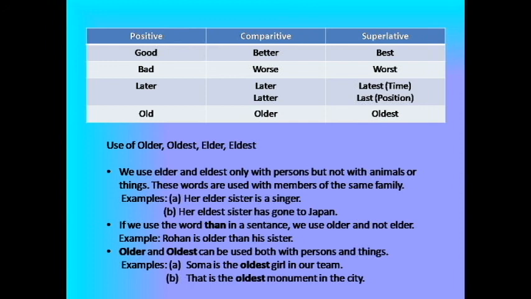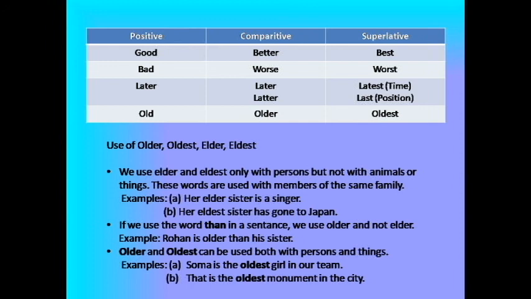These words are used with the members of the same family. For example, her elder sister is a singer. In this sentence, her and sister are human beings or persons. Hence, we use elder. The next example is her eldest sister has gone to Japan.